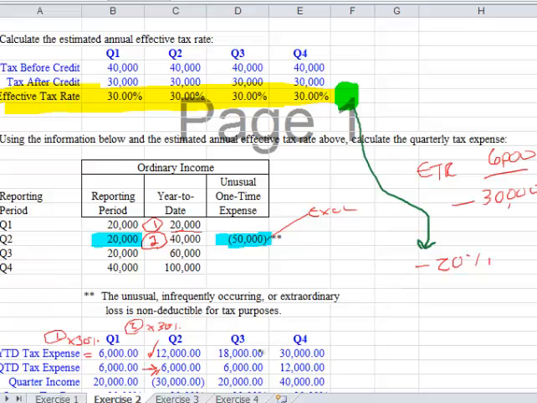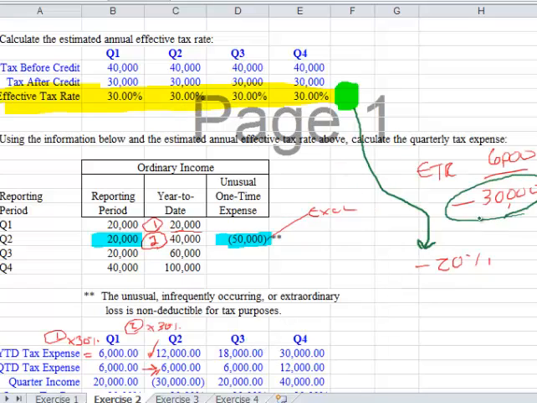I mean, we just have one item in here, but that item affects both the denominator of the quarterly ETR calc as well as the numerator, right? And its effect on the numerator is zero. But the problem is by throwing in this one-time non-deductible item, you've really disrupted the relationship between the numerator and denominator on a 10Q reporting basis.